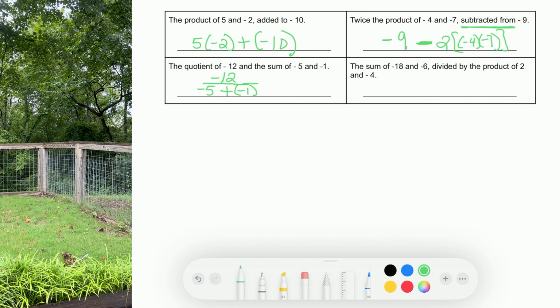All right, our last example, the sum of negative 18 and negative 6 divided by. Okay, so we know our numerator now, negative 18 plus negative 6 divided by the product of, so divided by the product means multiplication, the product of 2 and negative 4.